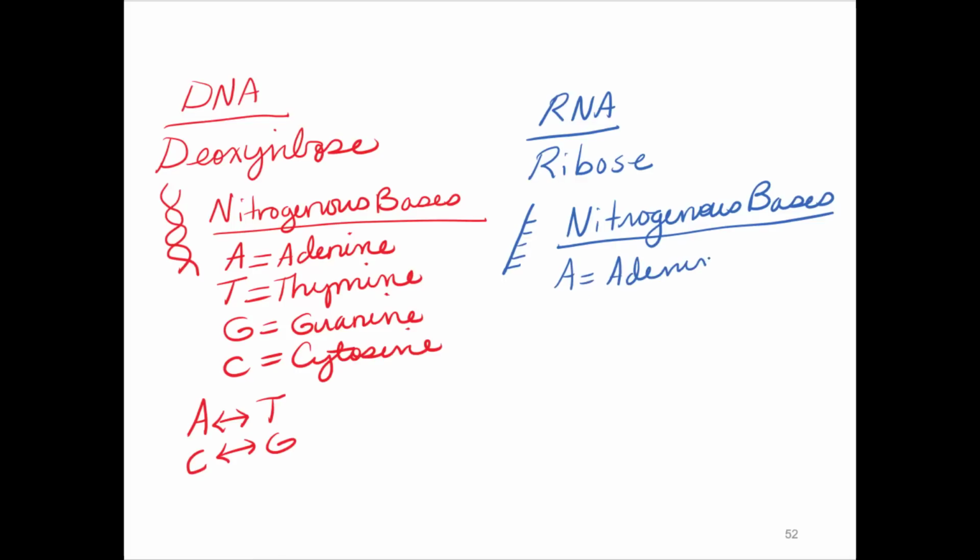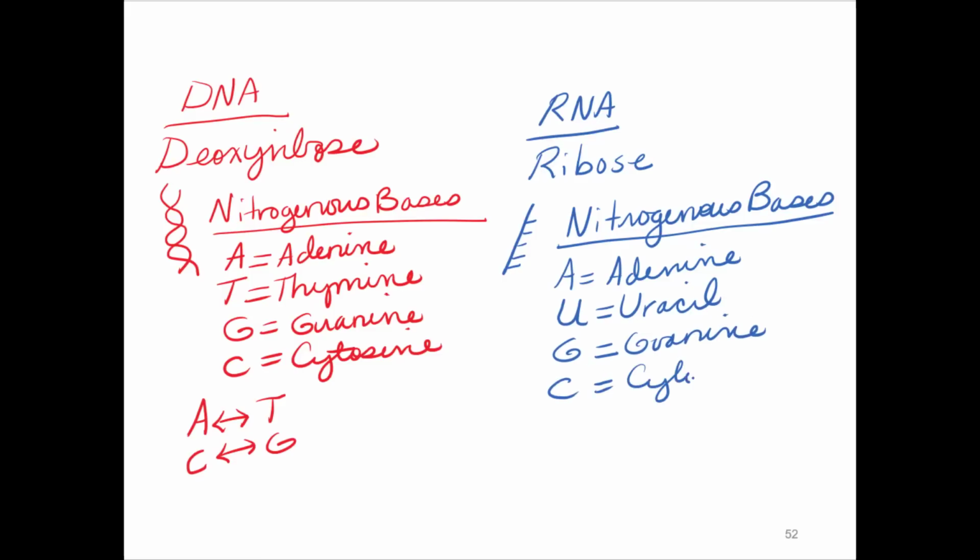We have adenine again. Instead of T, we have a U for uracil, G, guanine, and C again, cytosine. And A will bind with U, and C will still bind with G.